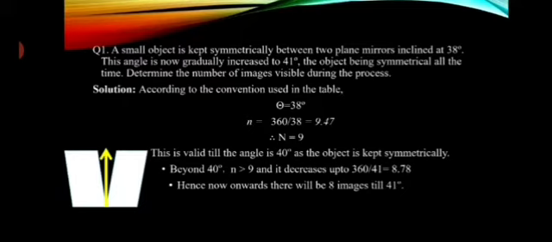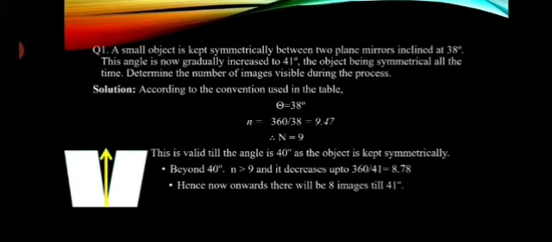Now in the question it is given that the angle is gradually increased to 41 degrees. Initially the angle between the plane mirrors was 38 degrees and later it was increased to 41 degrees.